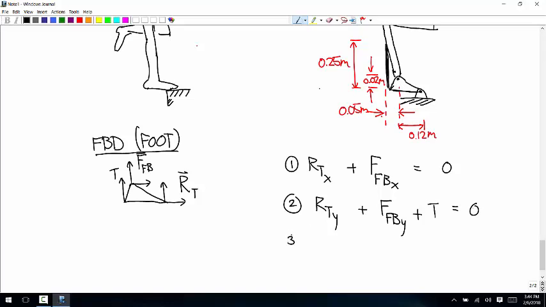And the third equation is the moment equation, and you can imagine with the row vectors that you have to calculate, that's when all these dimensions come into it. So we get negative 0.02 times force on the foot by the body x component, minus 0.12 force on the foot by the body y component, minus 0.17 T is equal to 0. And in variables, we have 1, 2, 3, 4, 5 variables.